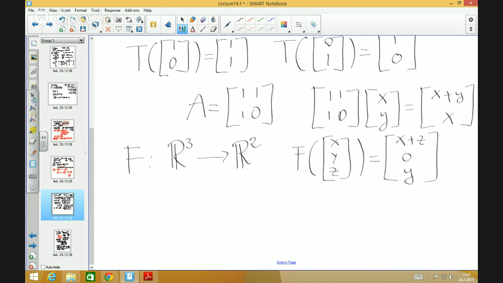Okay, so first of all, oh, sorry, what am I doing here? You should have reminded me that I said R2 here. So let's remove this. The result should be a vector of dimension 2.